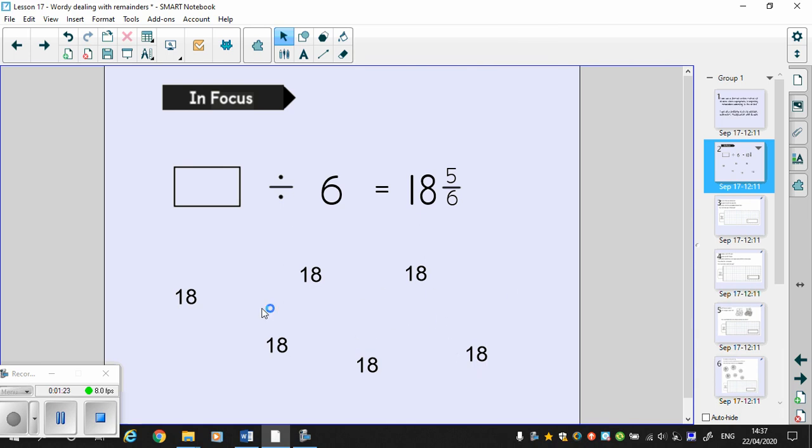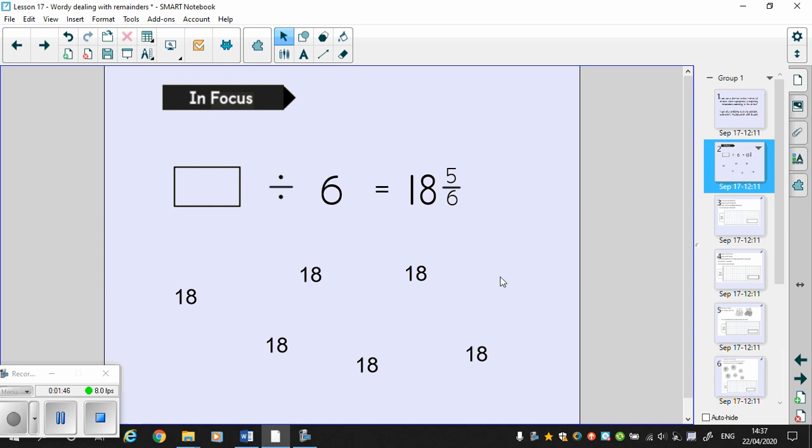So that's some of the sweets that we had to start with. But each person also ends up with 5/6 of a sweet. So this person has got 5/6, this person has got 5/6, this person has got 5/6, this person has got 5/6, so has this one and this one.